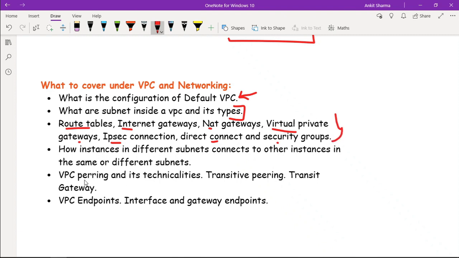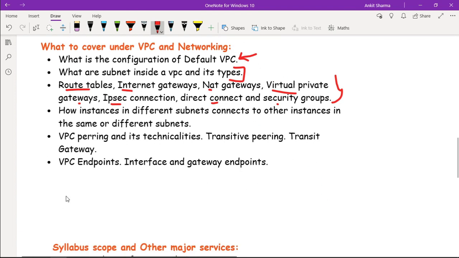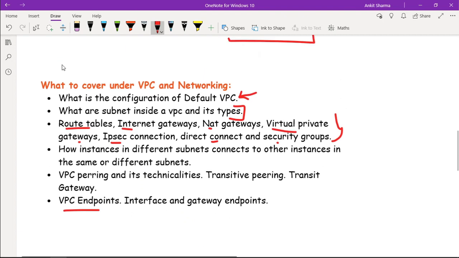And the next one would be VPC peering. VPC peering is nothing but sharing your resources with some other VPC. And transit peering, which solves some of the limitations of VPC peering. And the next one would be VPC endpoints. You must always know about interface and gateway endpoints. They are really important. So this is how you should learn.